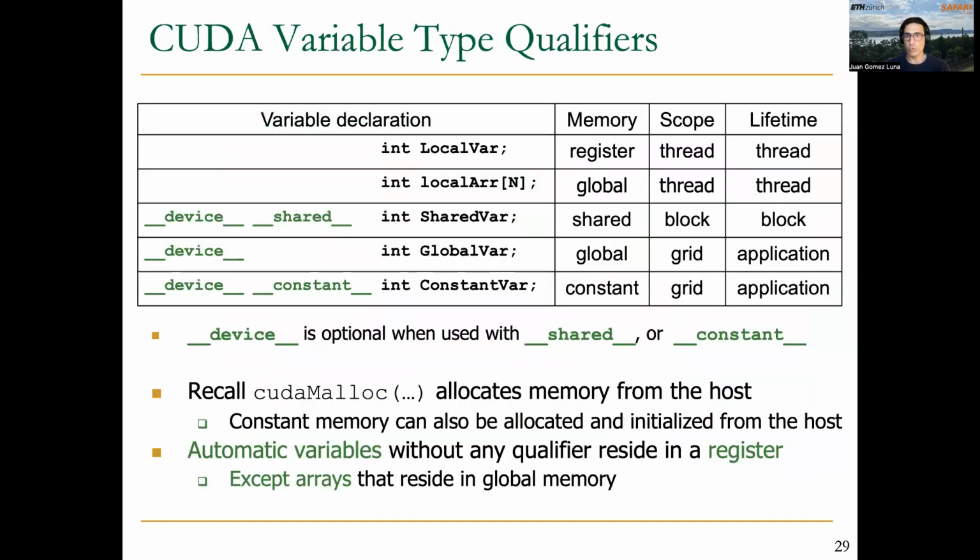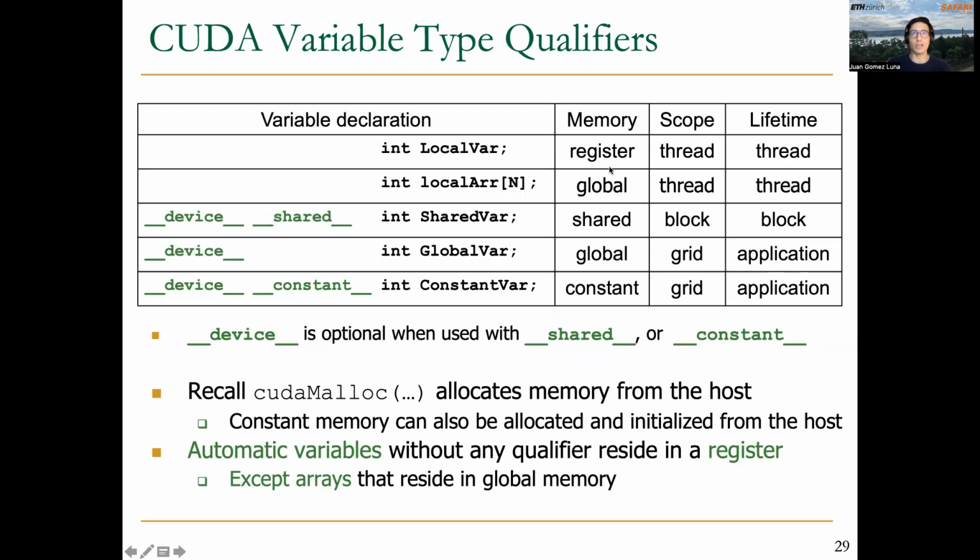In our program, we will use qualifiers to define where one specific value or one specific array is allocated. Automatic variables will go directly to registers. They will be allocated in registers by the compiler.